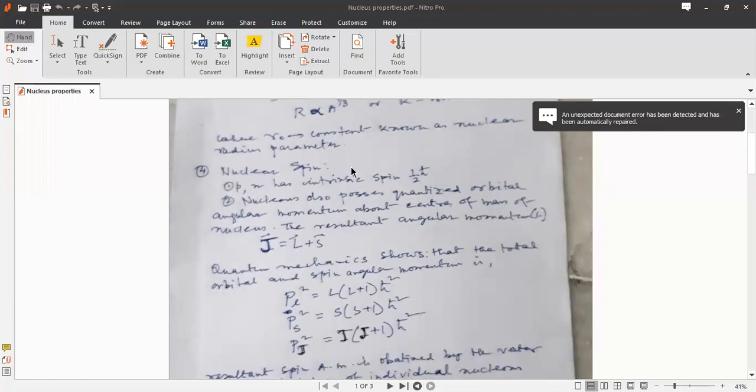We know the components of the nucleus are proton and neutron, and they are Dirac particles, and they have intrinsic spin, which is half h bar.